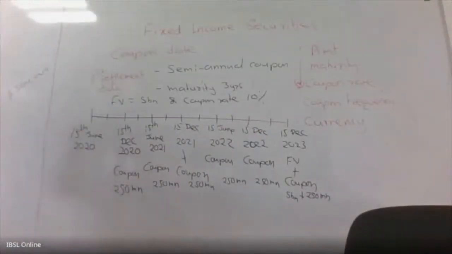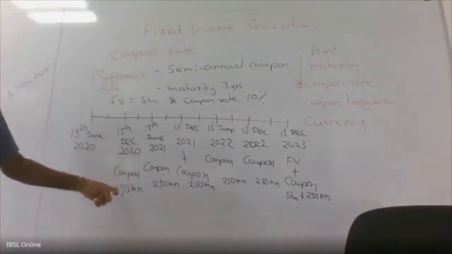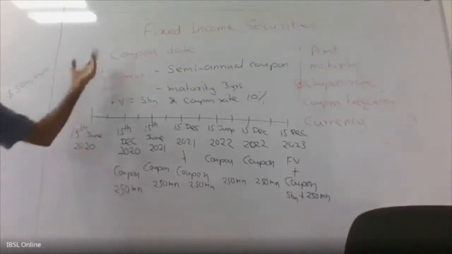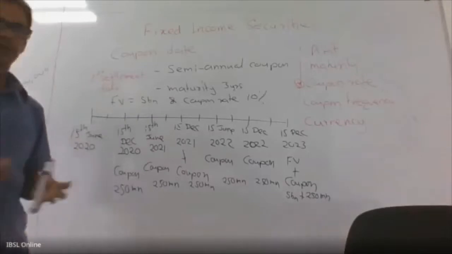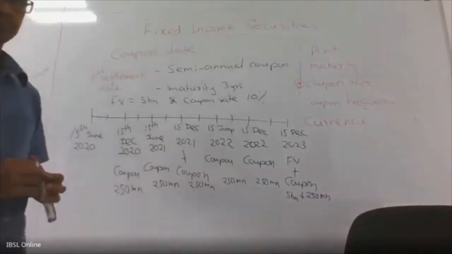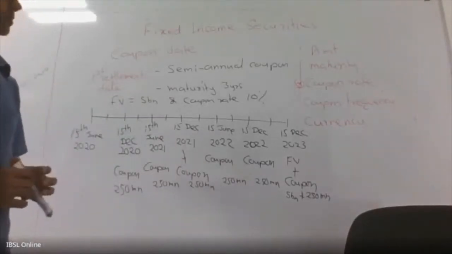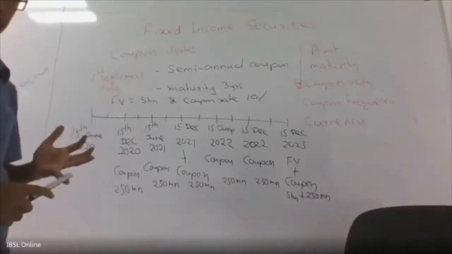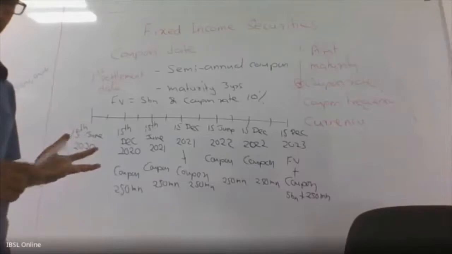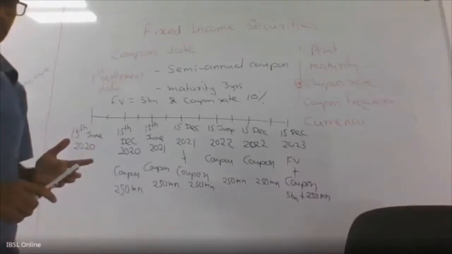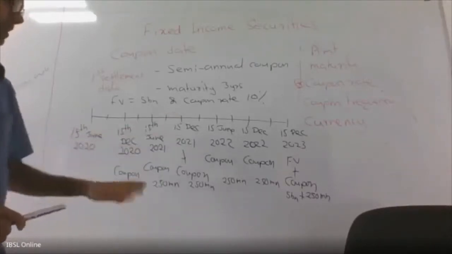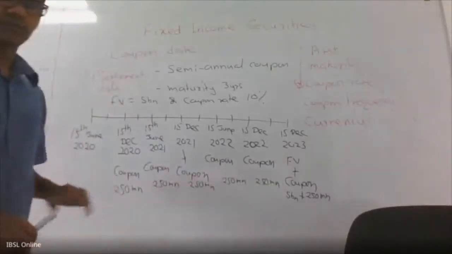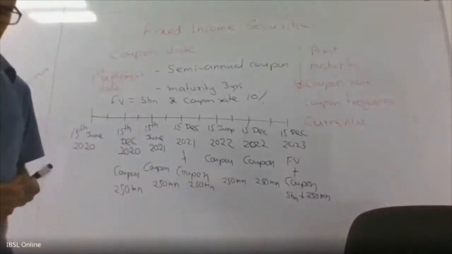But then the coupon payment will be one quarter of the annual coupon, 500 million. So now you should be clear about coupon, face value, coupon rate, coupon amount, and coupon payment dates, and you can generate the cash flows. Clear?